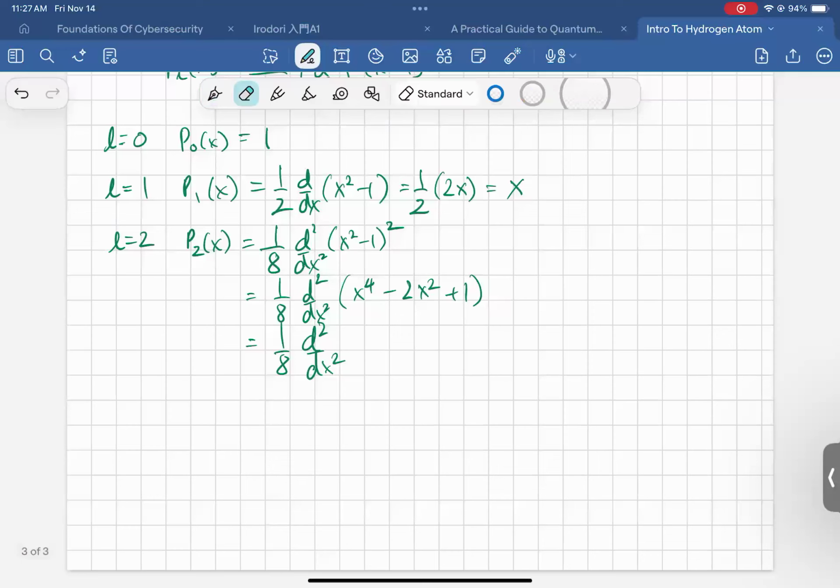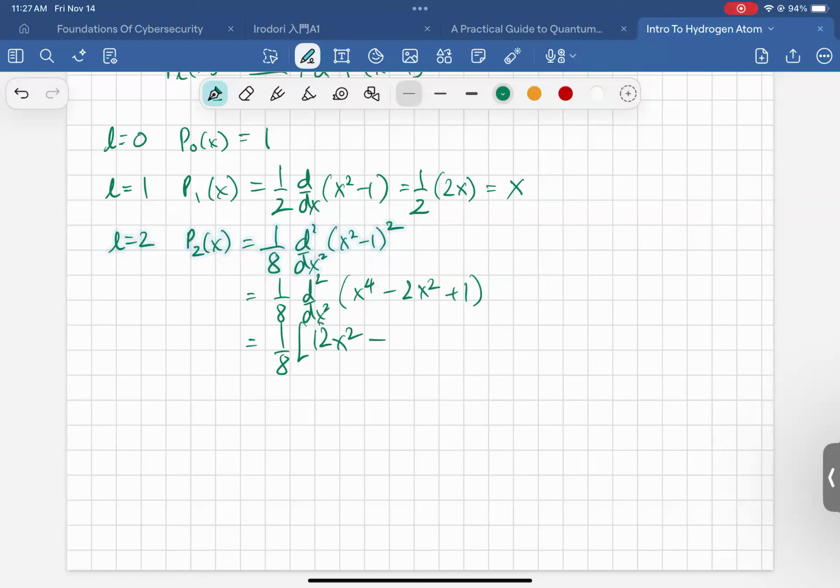Okay, kunin natin diretso. Kaya niyo natin yan, di ba? Second derivative ng x to the fourth. So first derivative is 4x cube, and then ang second derivative ay 12x squared. Okay, so 12x squared minus. Okay, anong second derivative niyan?